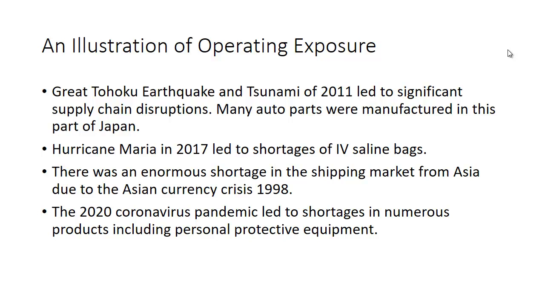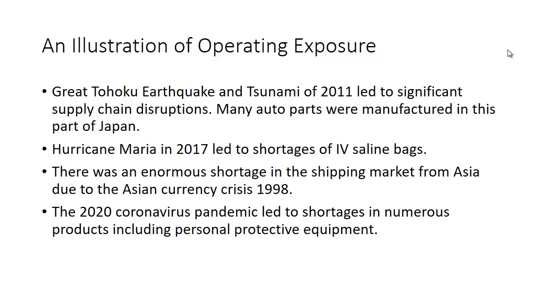In 2017, Hurricane Maria hit Puerto Rico, which is a large producer of IV saline bags. There was an enormous shortage in the shipping market from Asia due to the Asian currency crisis in 1998. And more currently, the 2020 coronavirus pandemic has led to shortages in numerous products, including personal protective equipment.